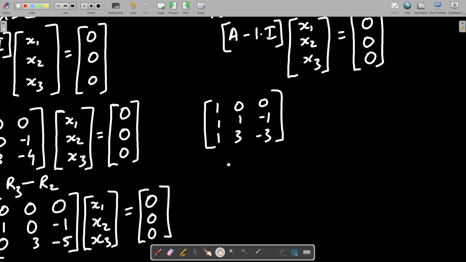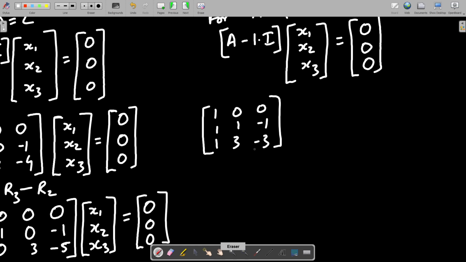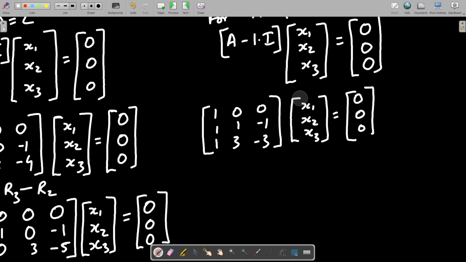Okay, so this is A minus 1 I. Try to write faster because we have to solve only one more problem, then we are going home. Okay, so this is what we get.